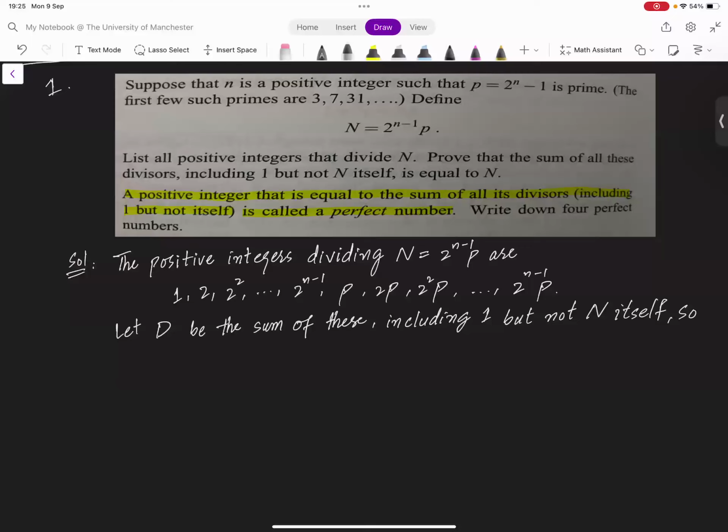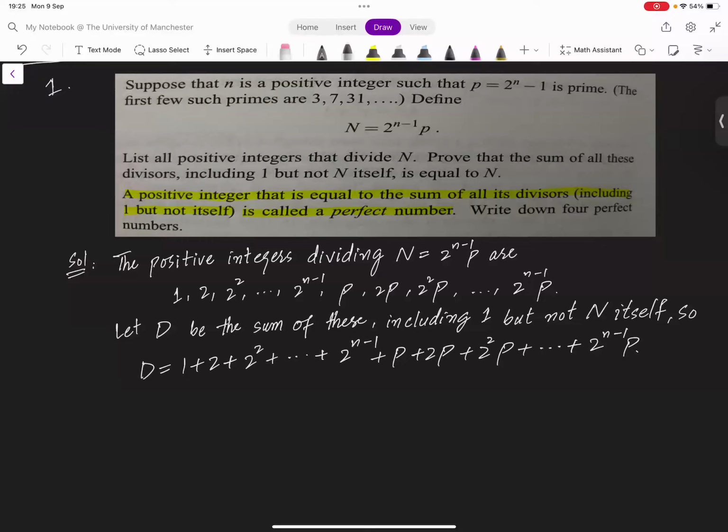So you can write d as 1 plus 2 plus 2 power 2 plus up to 2 power n minus 1, plus p plus 2p plus 2 square p, plus up to 2 power n minus 1 times p.